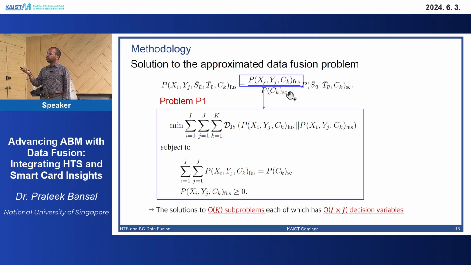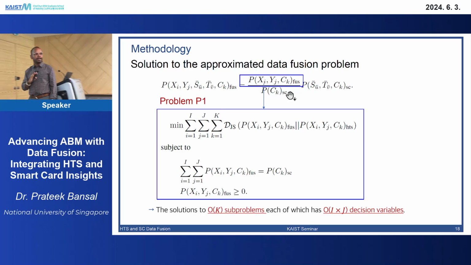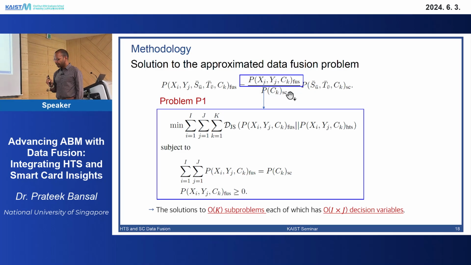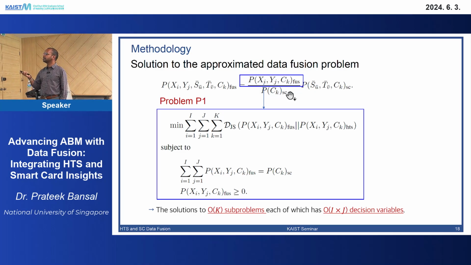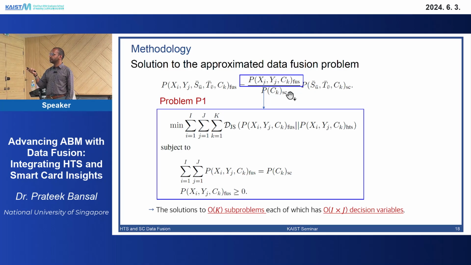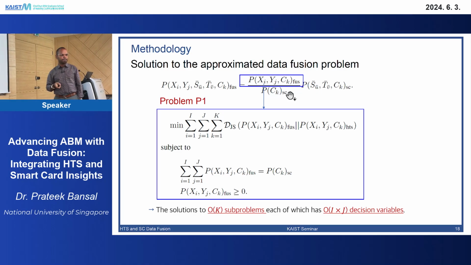So our problem was finding the joint distribution of x, y, s bar, and t bar, and we can write it as the fused distribution of xi, yj, ck, and these two distributions which directly come from the SC data.